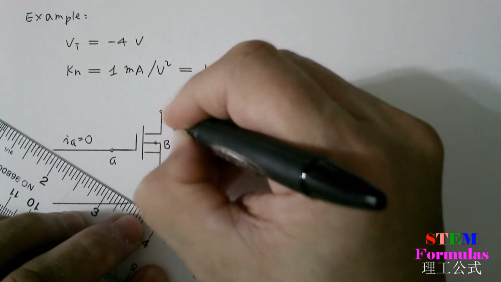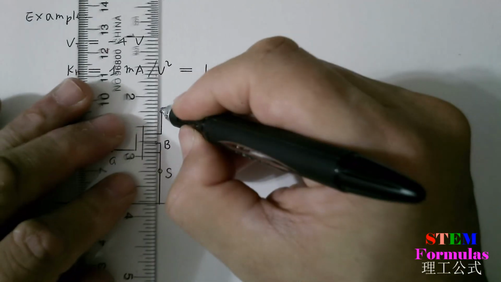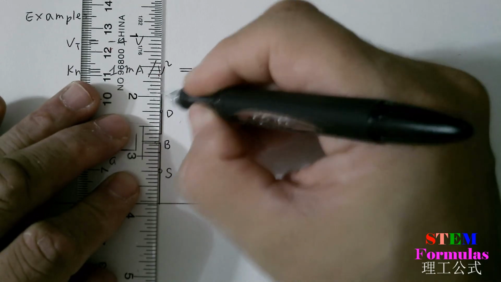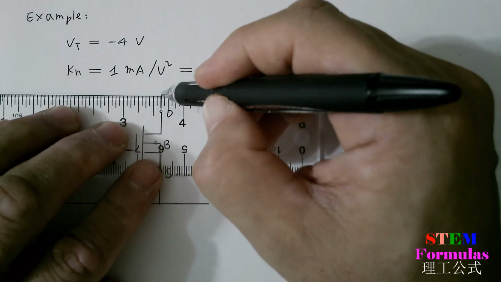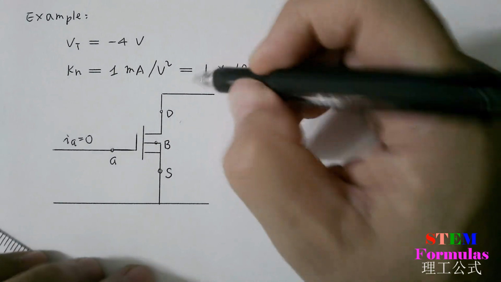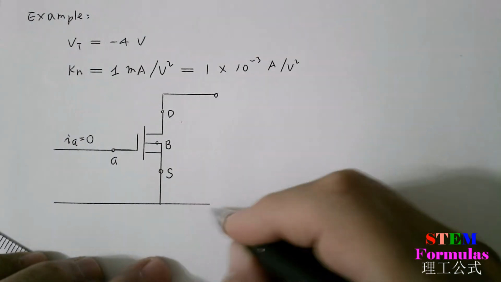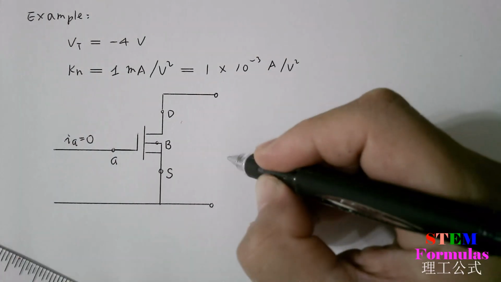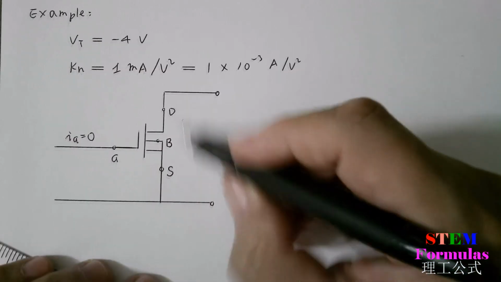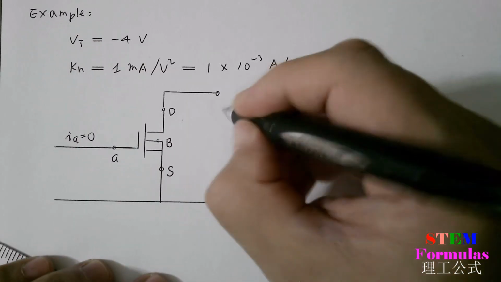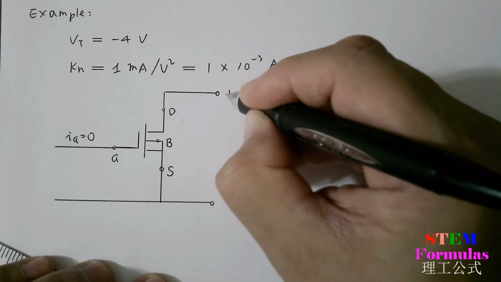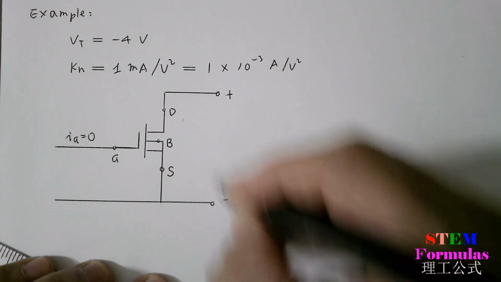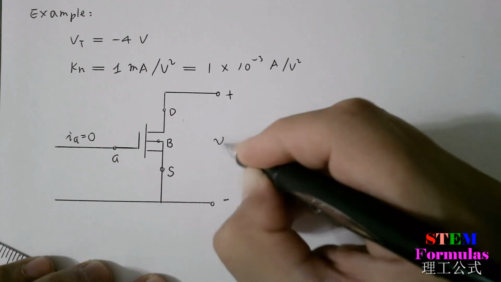This D, green. And for the polarity, VDS we define as this is positive, this negative. So this VDS.